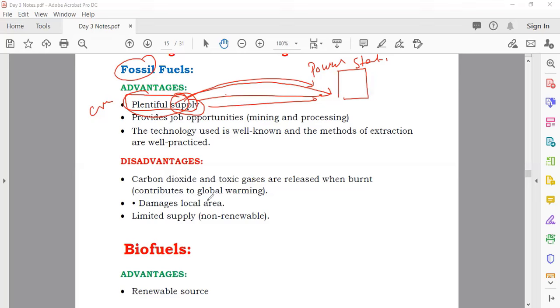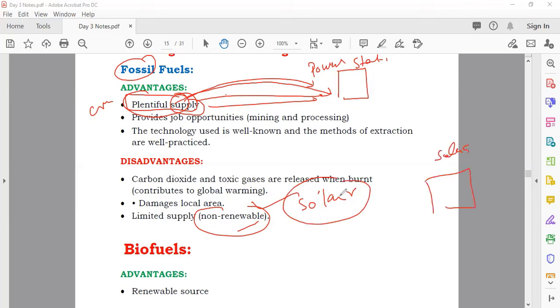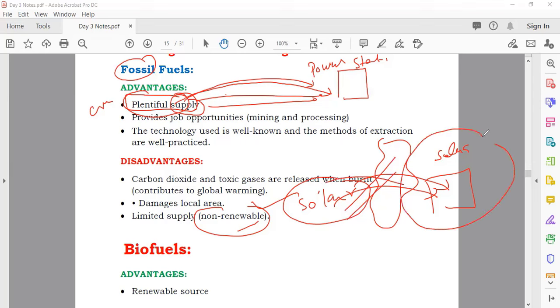But if you have renewable, like solar, and now you have a solar cell here, you need sunlight on the solar panel to produce electricity. But if the clouds come, your supply is limited. Maybe no supply, finish. Now you cannot produce electricity.